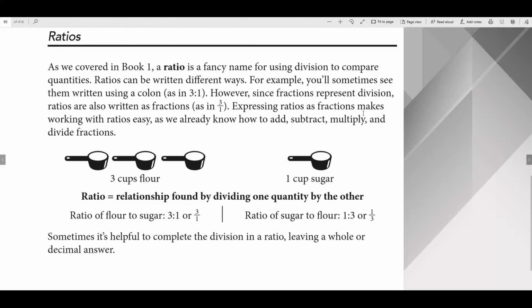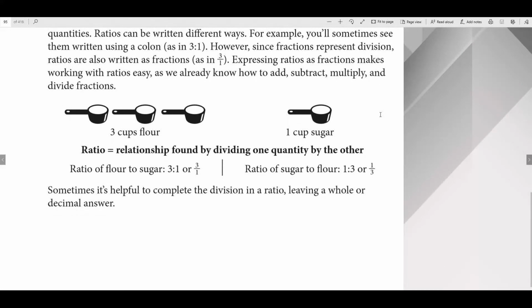Expressing ratios as fractions makes working with ratios easy, as we already know how to add, subtract, multiply, and divide fractions. All right, so this is showing us the ratio. So here you have 3 cups of flour to every 1 cup of sugar. Now, if you cook, I know you've been here before.